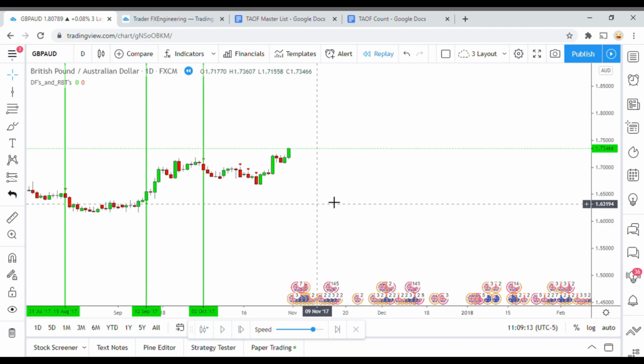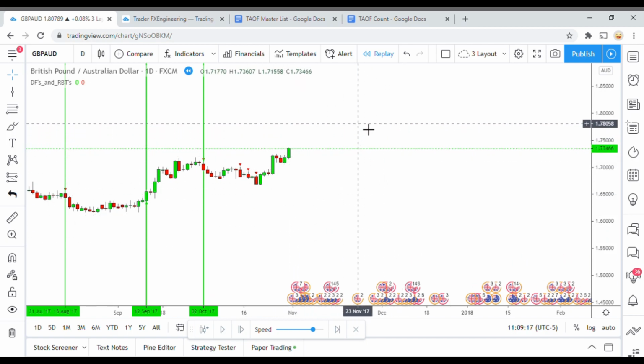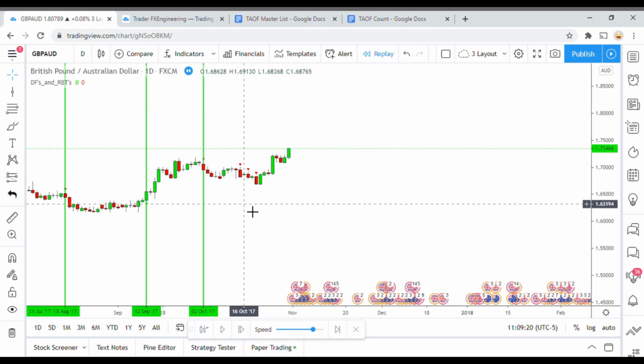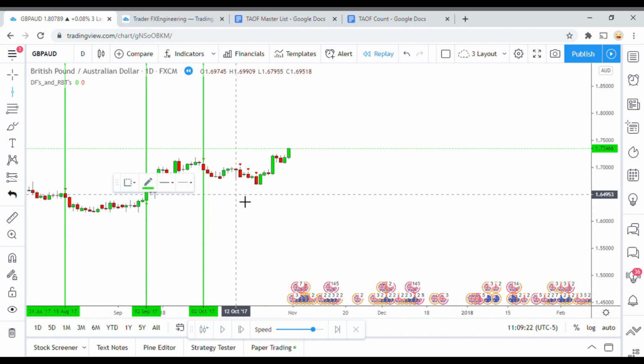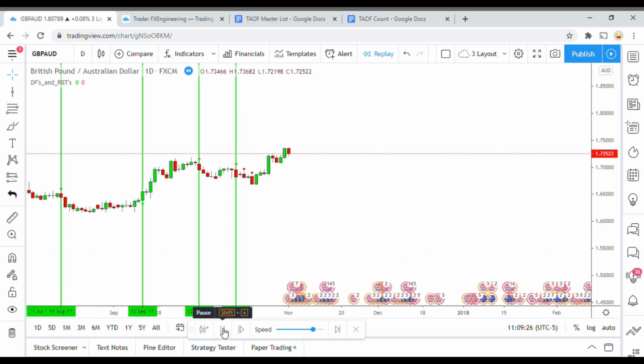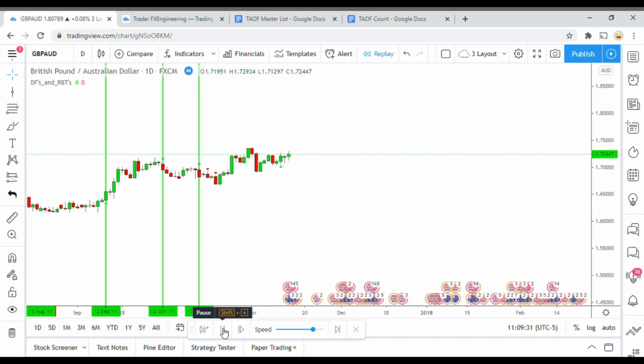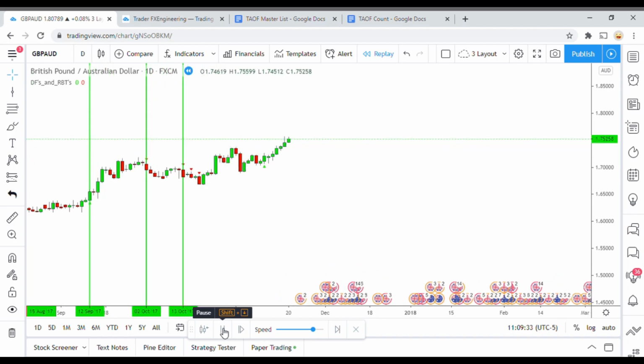A strong push in one direction, pullback, pullback, pullback. Then you start to see the move is starting to weaken, and at that point you can have a pretty reasonable expectation that the market is going to correct and reverse itself.